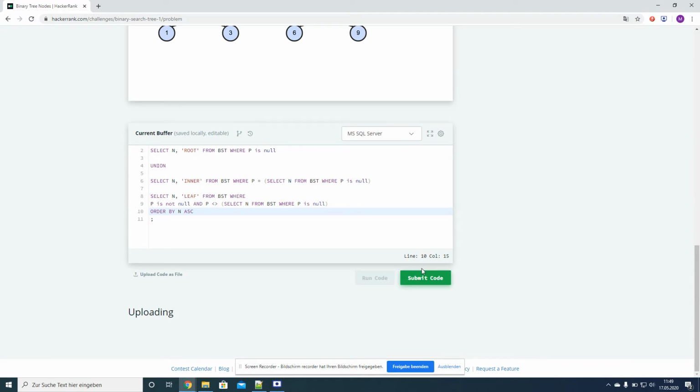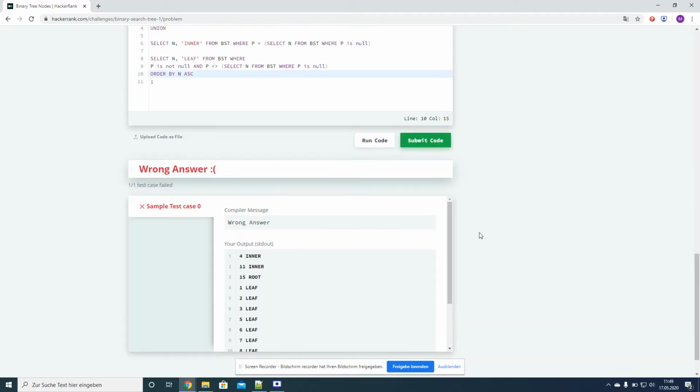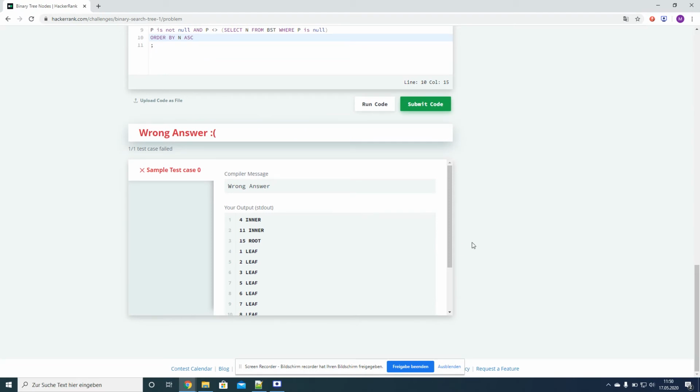I think that's the default, but I wrote it anyway. So now we only have the leaf ordered. Okay, it does not order the ones before the leaf.